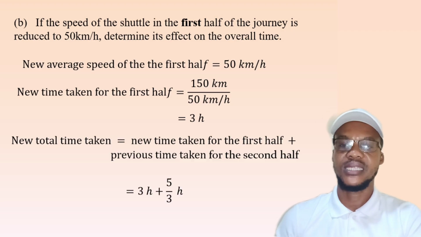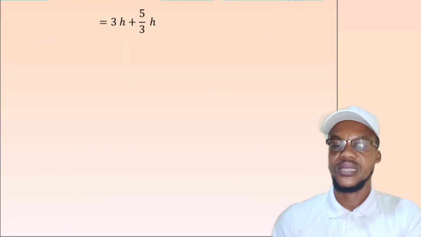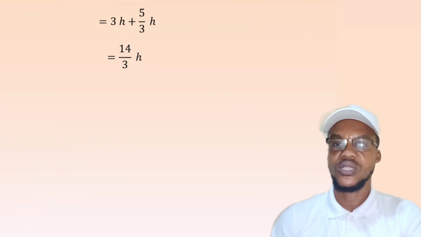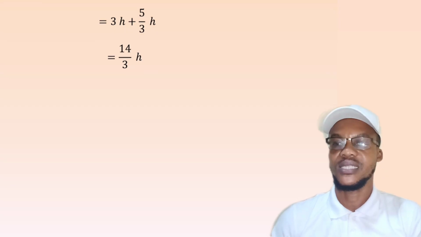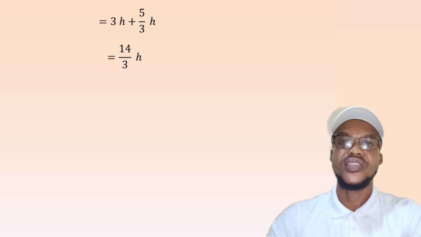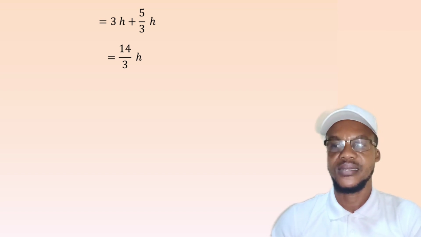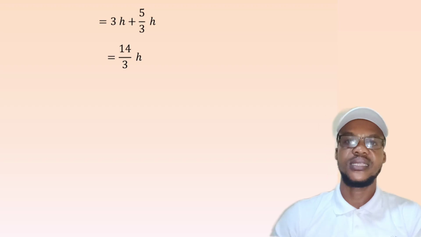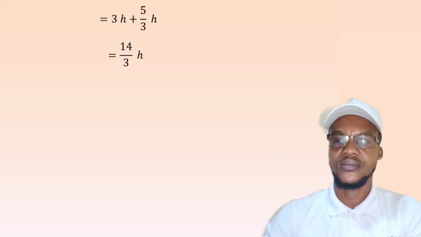That is 3 hours plus 5 over 3 hours, which gives us 14 over 3 hours. So 14 over 3 hours is the new total time taken. Have you gotten that? So you see that this is very basic. Okay, great.